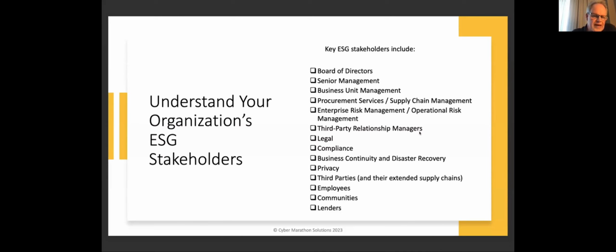Third-party relationship managers, those are the people that you work directly with from the business unit who have responsibility for relationships. They're a conduit both ways in the relationship for any ESG or other concerns that you might have. The legal and compliance teams within the organization are very much focused around compliance with law and regulation and where law and regulation are going.